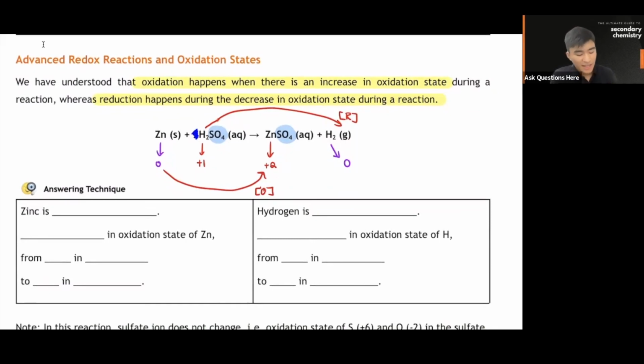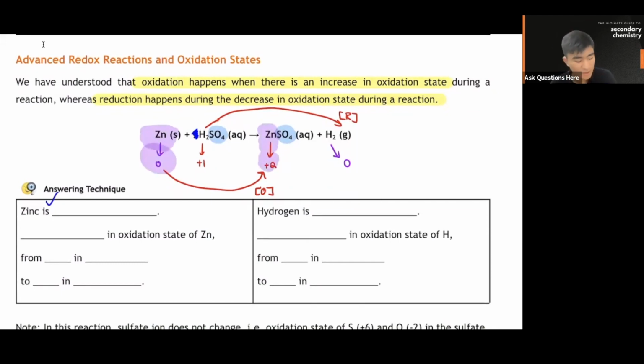Now, there is a standard format, or SOP, for writing out the answering techniques for redox reactions. How do we answer? Very simple. Let's study zinc first. Zinc from the left-hand side is in the 0 oxidation state, and then plus 2.